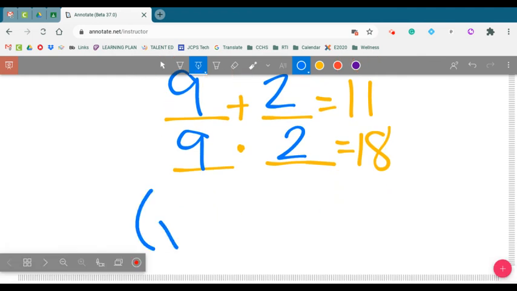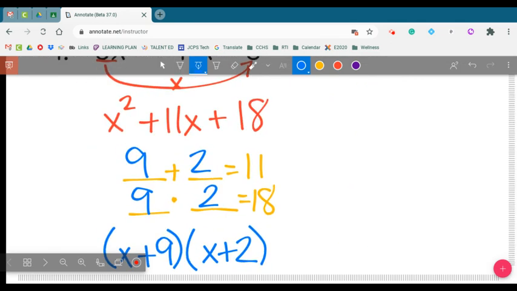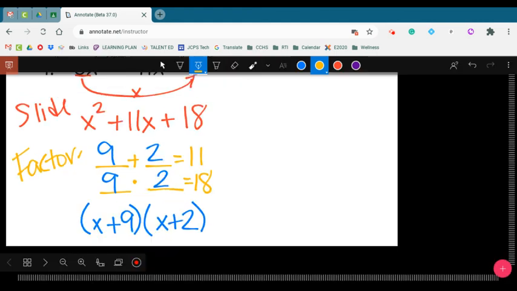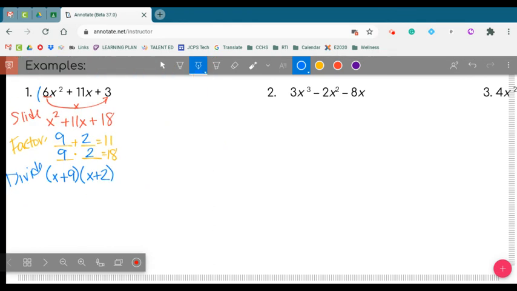So I'm going to have x plus 9, x plus 2. So I slid, I factored, and now I'm going to divide. So I'm going to divide by this a value that I slid at the beginning, which was a 6.